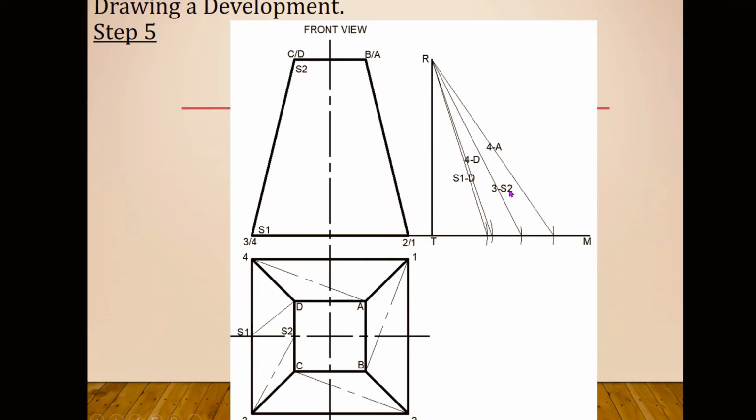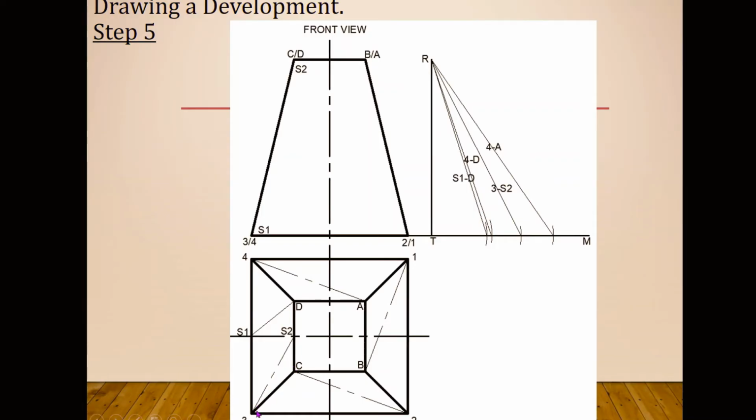Line 4A, 1B, 2C, they are all equal. Same thing applies with line 4D, 1A, 2B, 3C, they are all equal. If you establish a true length for line 4D, you'll use the same length for 1A, 2B, and 3C.